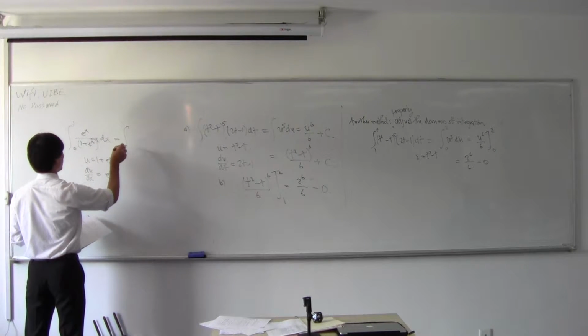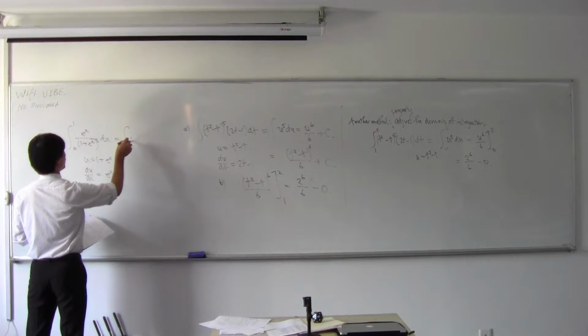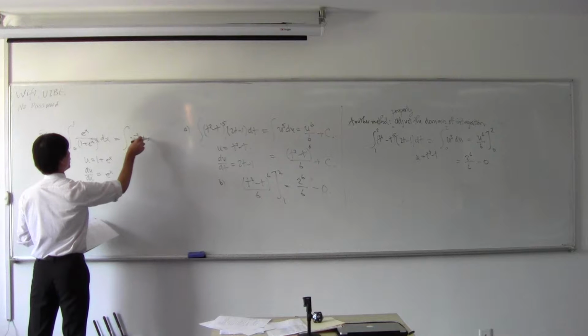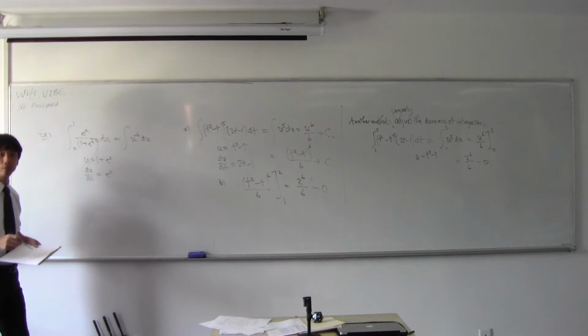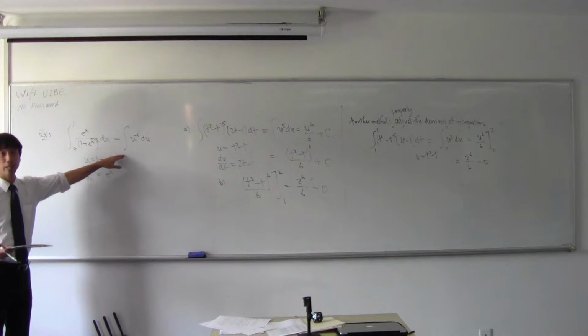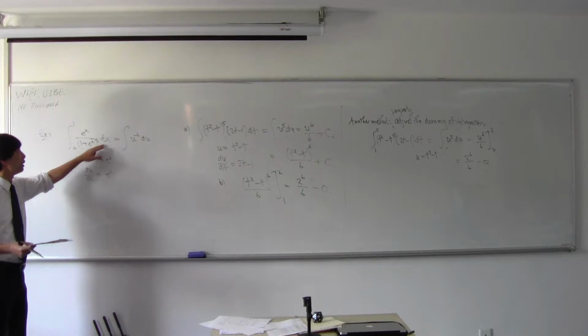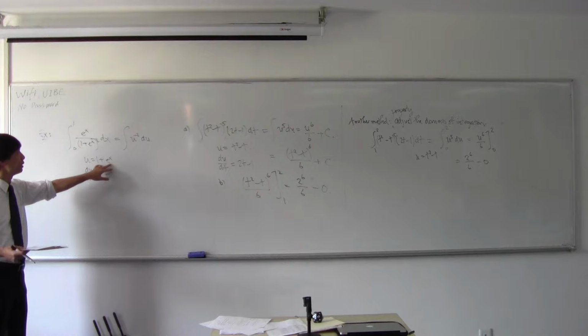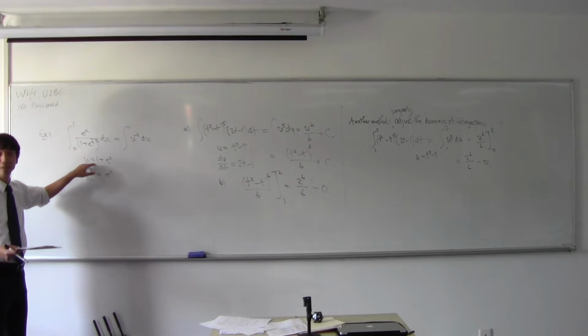Right. And so what is this going to be? It's going to be the integral of u to the minus 2 du, right? And what's going to be the range of integration now? Well, when x is 0, u is what? 2.